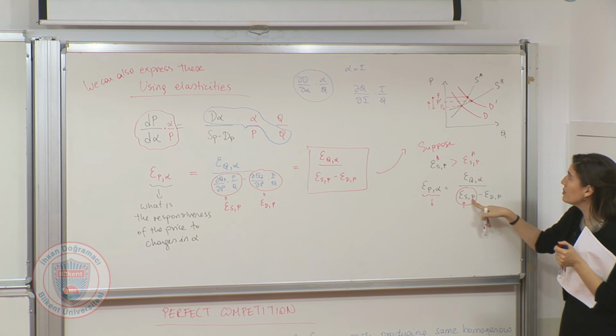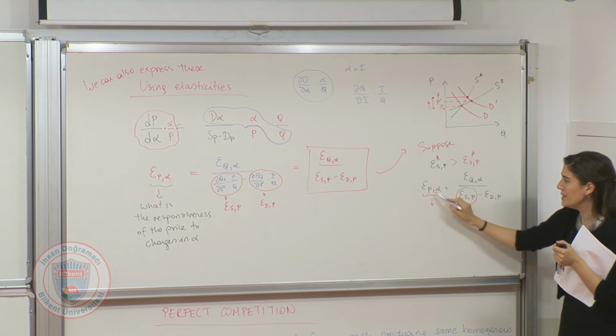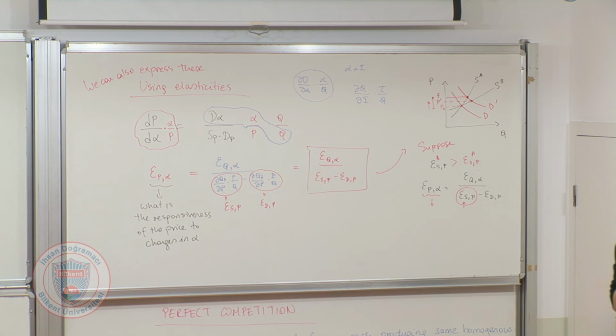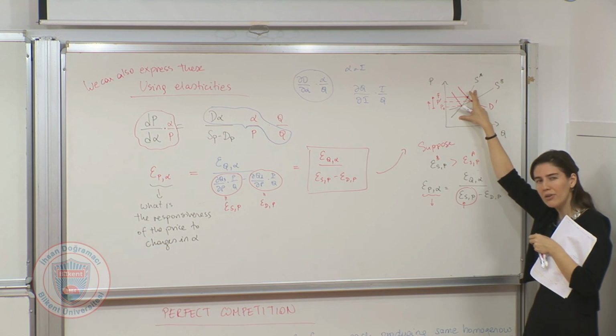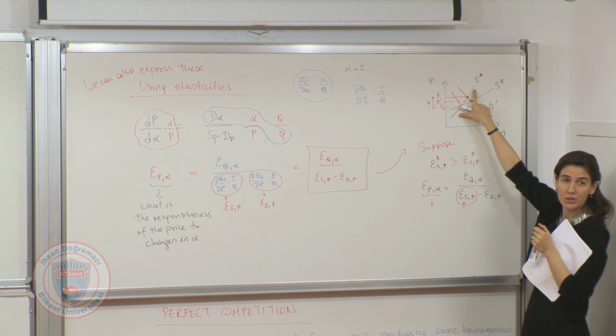If it's more elastic, then the change in price it's going to generate would be low. For the A guy, because it's less elastic, this is a low number.